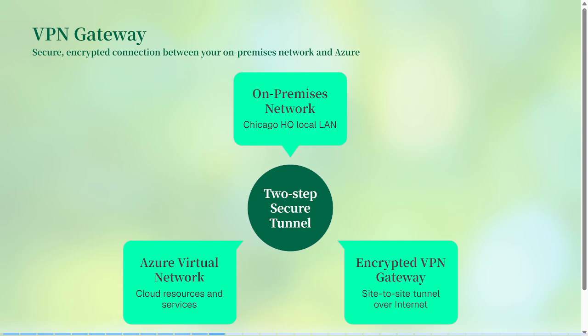This means that even though the data travels across the internet, it is encrypted, making it unreadable to anyone who intercepts it. For employees, it feels as though the Azure resources are part of the company's own internal network.